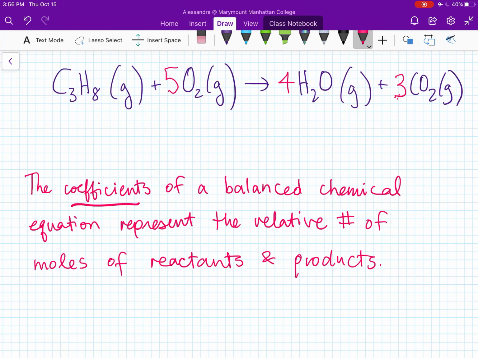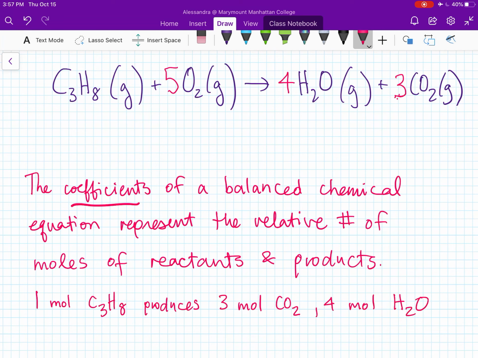So this balanced chemical equation for the combustion of propane is really telling me that 1 mole of propane produces 3 moles of carbon dioxide and 4 moles of H2O. So I have this quantitative relationship.